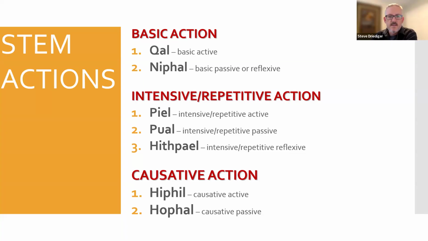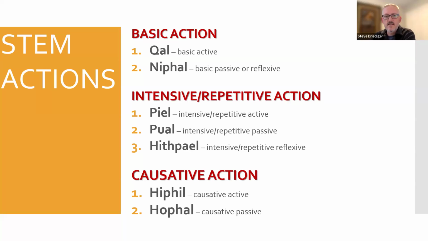Then we get to a group of three that indicate an intensive or a repetitive action. So the Piel stem indicates a simple or repetitive active voice.